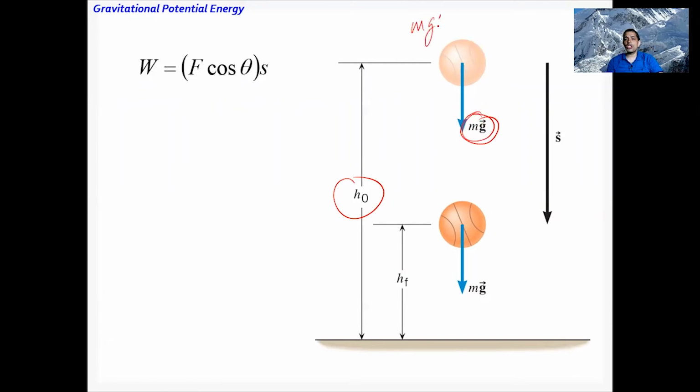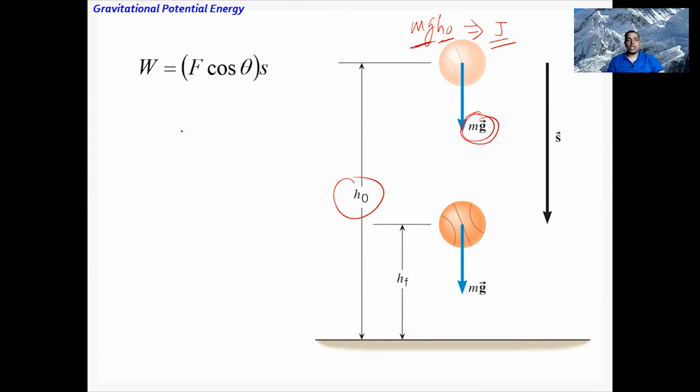So if something is at a height of h0, then potential energy is the product of its weight with the height. mg is the weight and h0 is the height. That's the definition of gravitational potential energy. So what is the unit of potential energy? Again, this is joule, because energy has the unit of joule.